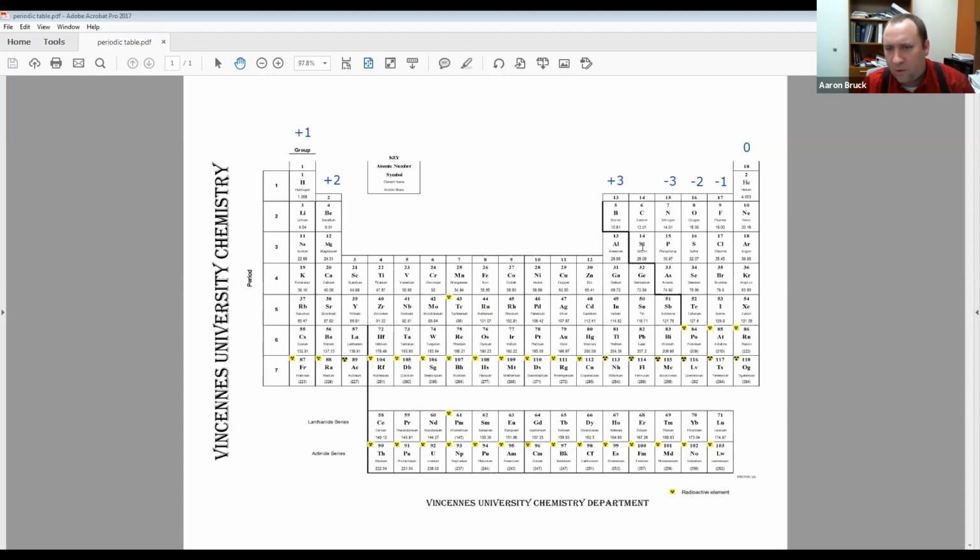And we left the carbon group kind of blank here because for the most part, if we look at the carbon group, we've got non-metal and metalloid carbon, silicon, and germanium, which don't tend to form ions at all.